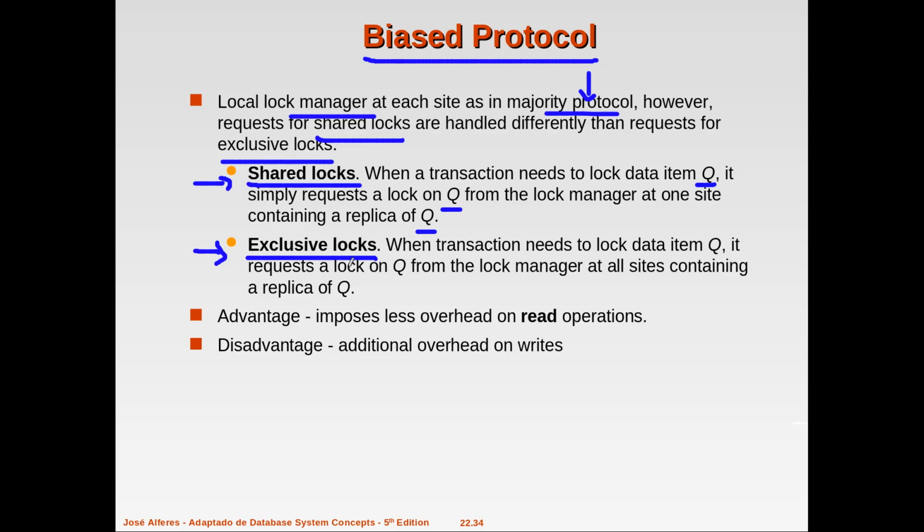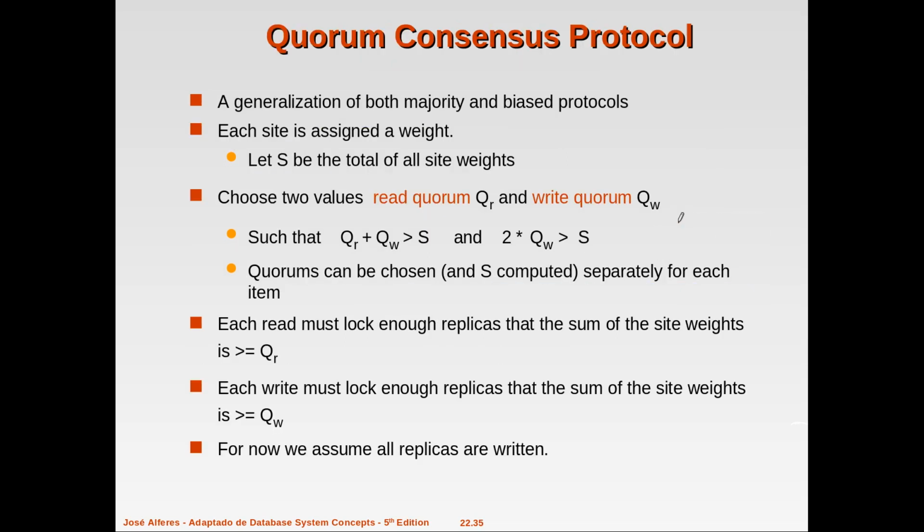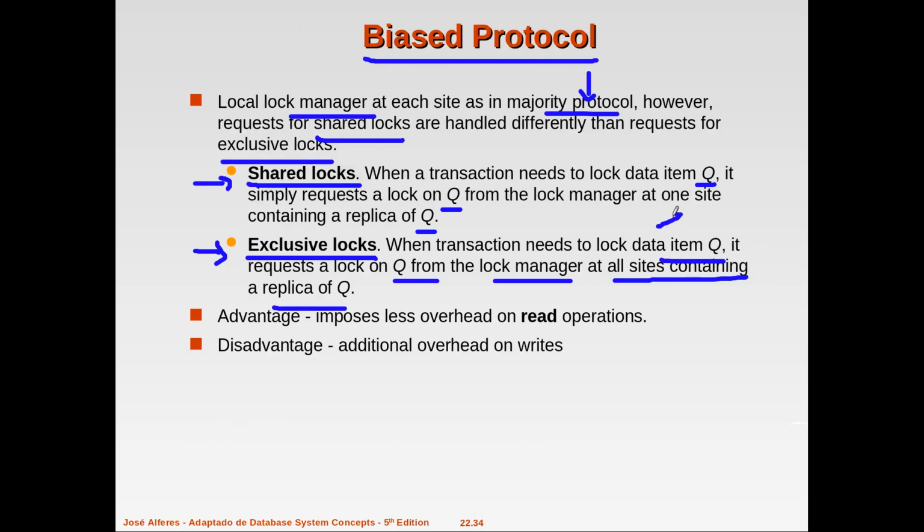But in the case of an exclusive lock, when a transaction needs to lock a data item in exclusive mode, it requests a lock on Q from the lock manager at all sites containing a replica of Q. So for a read lock, a request to any one site is enough. But in the case of a write lock or exclusive lock, it needs to send the request to all the sites that contain a replica of the required item.